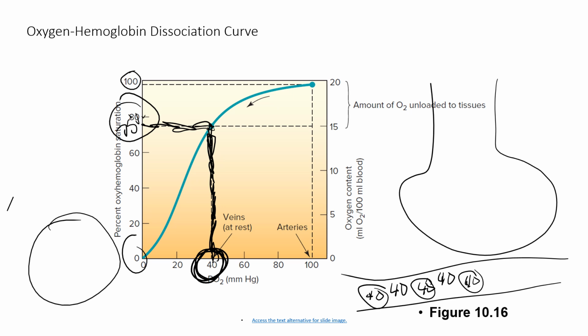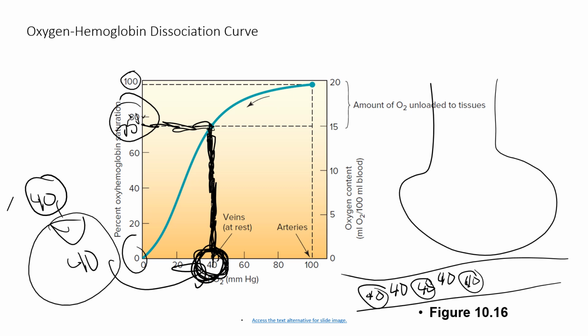So what's the partial pressure of oxygen within the blood plasma of deoxygenated blood? It's 40 millimeters of mercury, and thus the partial pressure of oxygen within the red blood cells themselves is 40 millimeters of mercury. That's right here, okay? And then you just go up and look at where the line intersects.